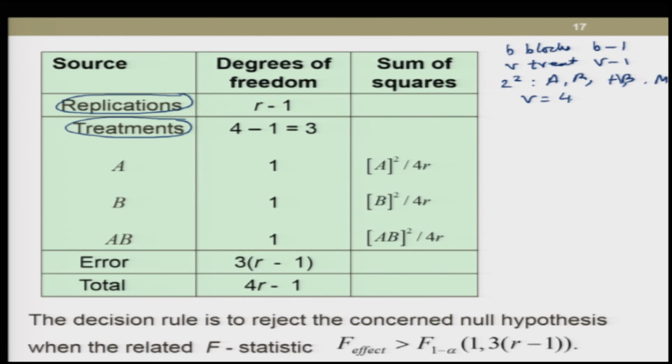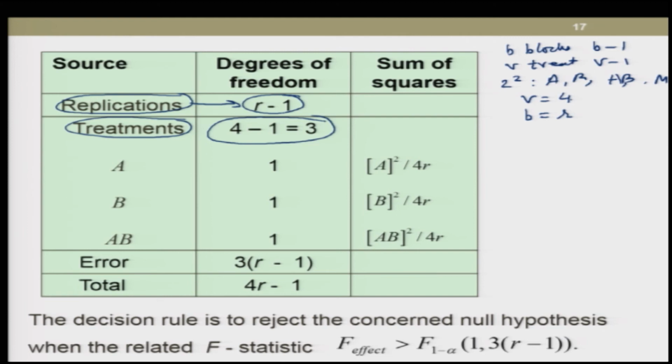right, and B here I am going to take as R, which is the number of replications. So, when I was earlier constructing the ANOVA table, I was simply writing due to replication the degrees of freedom associated with the sum of square due to block were R minus 1, or earlier B minus 1, and the degrees of freedom associated with the sum of square due to treatment were V minus 1 or 4 minus 1, which is equal to 3.